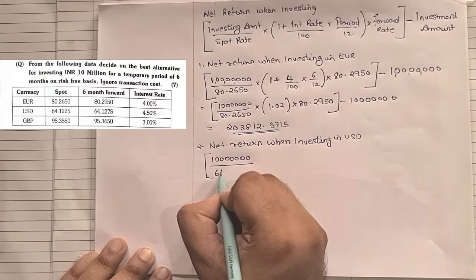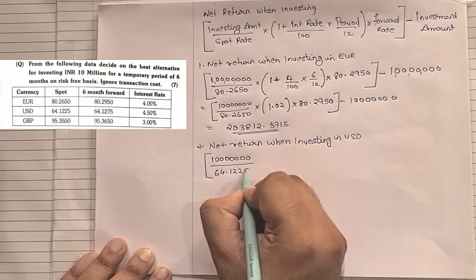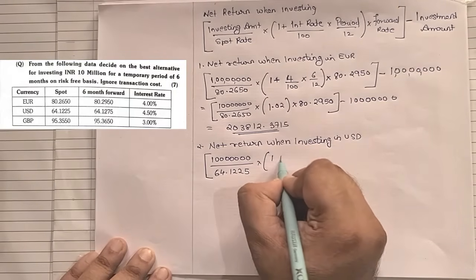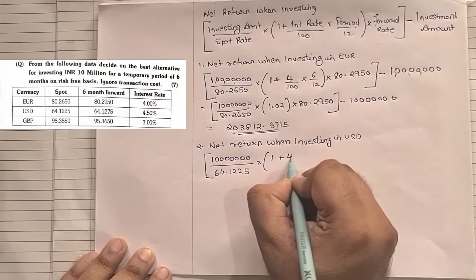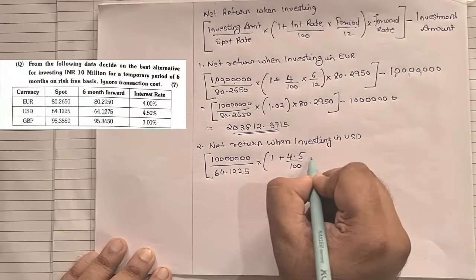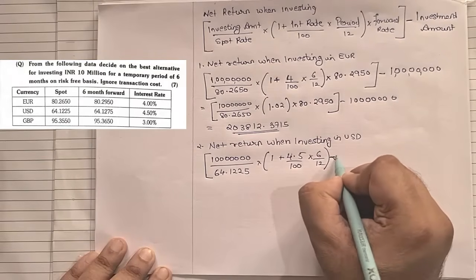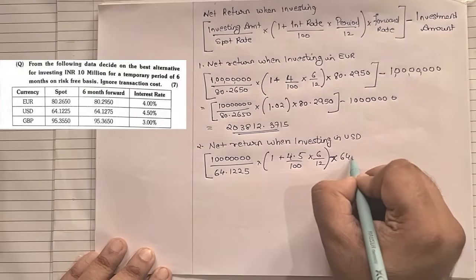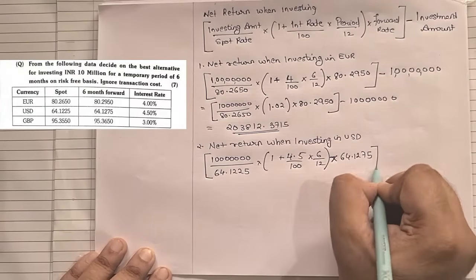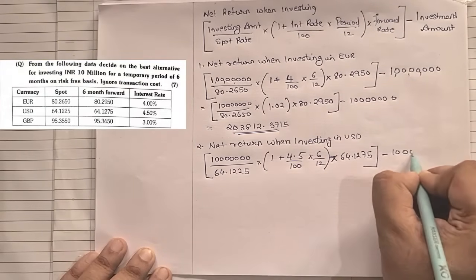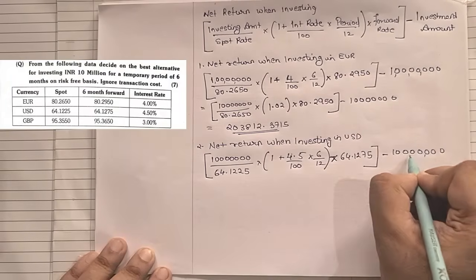Now the USD spot rate was 64.1225 into 1 plus the rate is 4.5%, so 4.5 upon 100 into the months, 6 divided by 12, into the forward rate, which is 64.1275, minus the investing amount 1 crore 3, 4, 5, 6, 7.